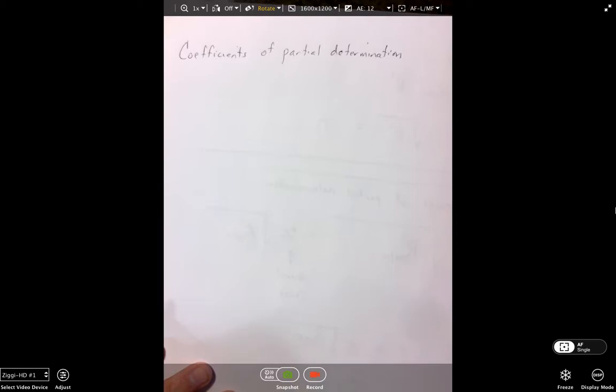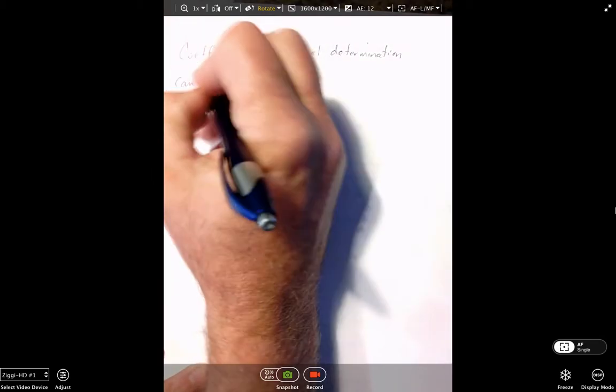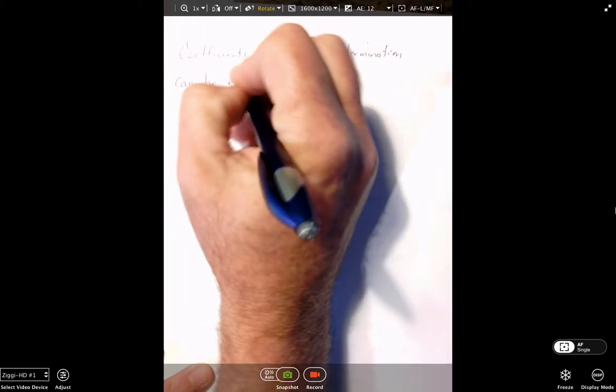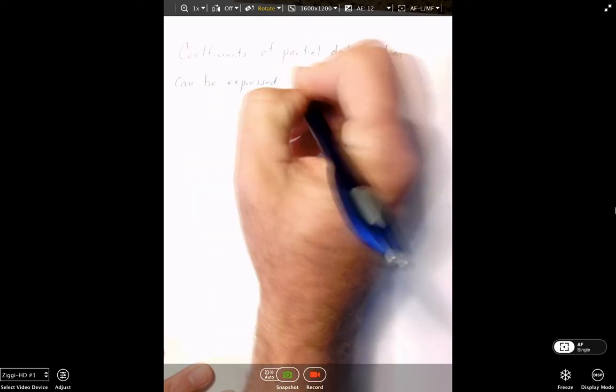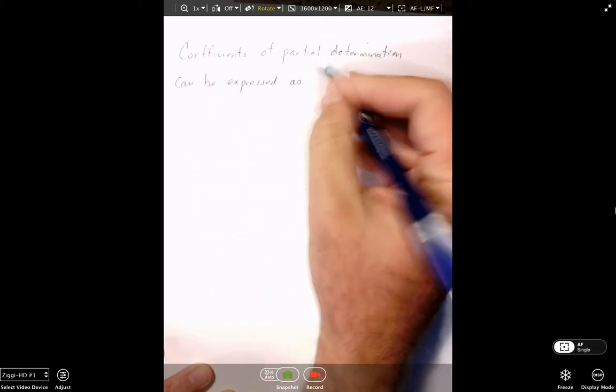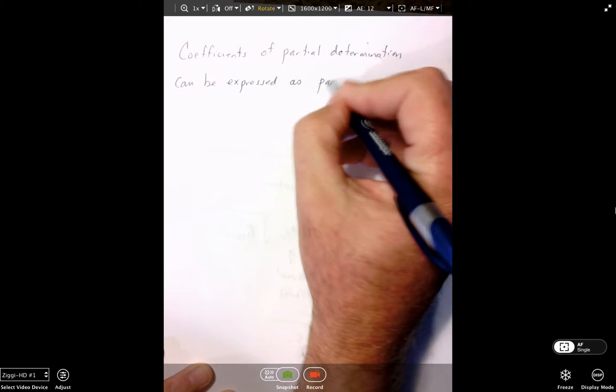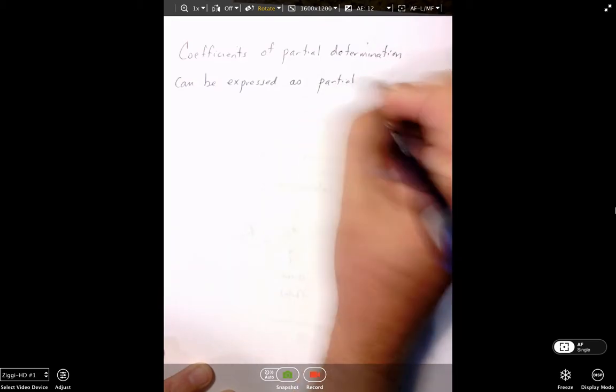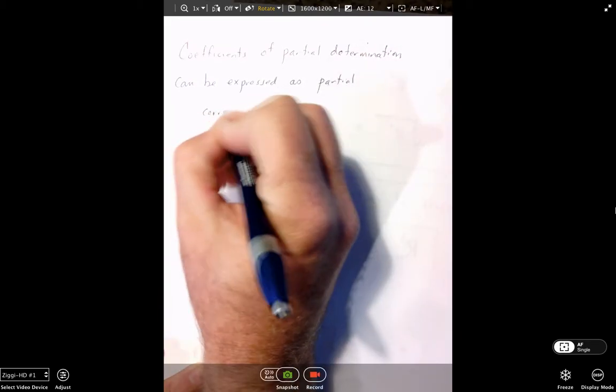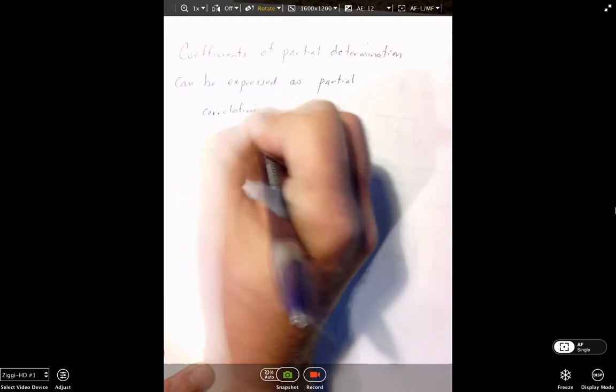But anyway, coefficient of partial determination can be expressed as partial correlation coefficients.